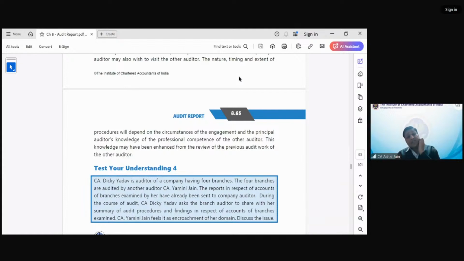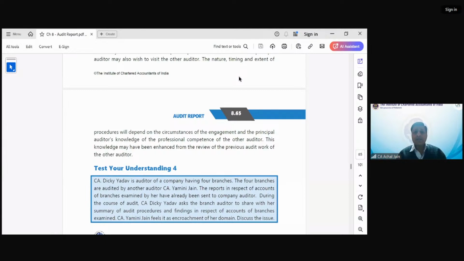Dilip says CA Dicky can ask, this is absolutely okay. Kasak says the auditor is right in asking for the summary as he's the principal auditor and has to carry out such procedures. Hardik says it's necessary. Anjali and Nitin say it's absolutely okay.